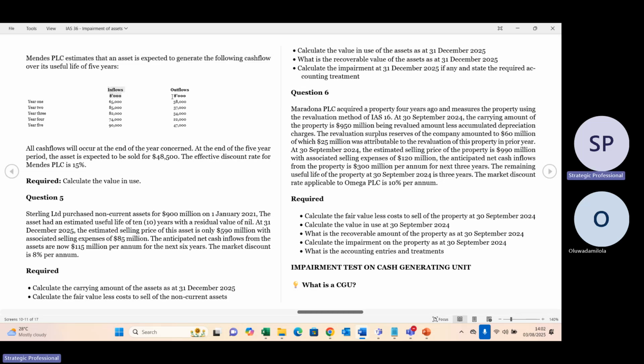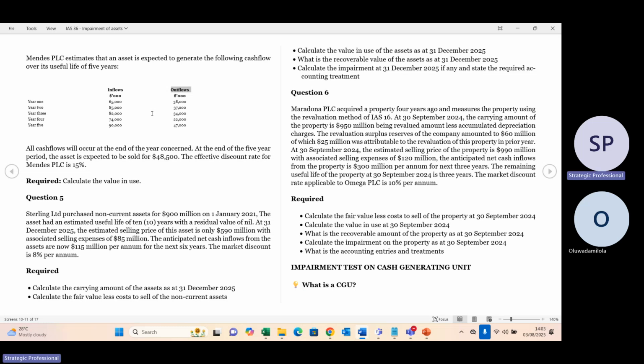Inflow, outflow, year 1, year 2, year 3, year 4, year 5. They give us each of them. All cash flow will occur at the end of the year. At the end of the 5-year period, the asset is expected to be sold for 48,500. The effective discount rate for Mendes PLC is 15%. Required, calculate the value in use.